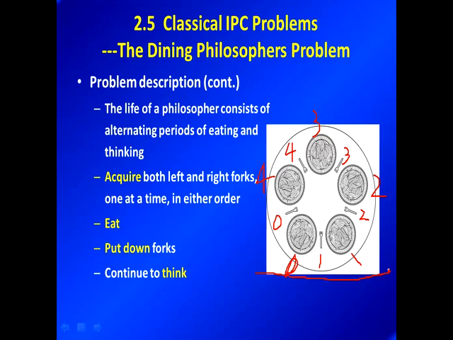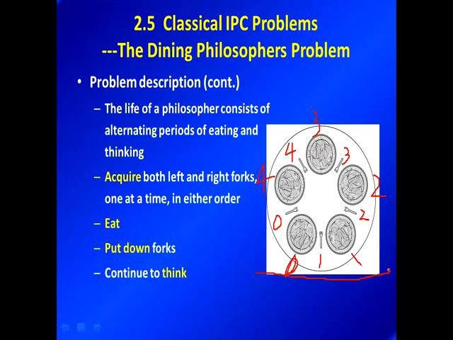So each process has 2, maybe 3, maybe more cases, because when the process needs to take fork 0, it might wait for a while. Also, when the process needs to take the fork on the right side, it might need to wait for a while too.